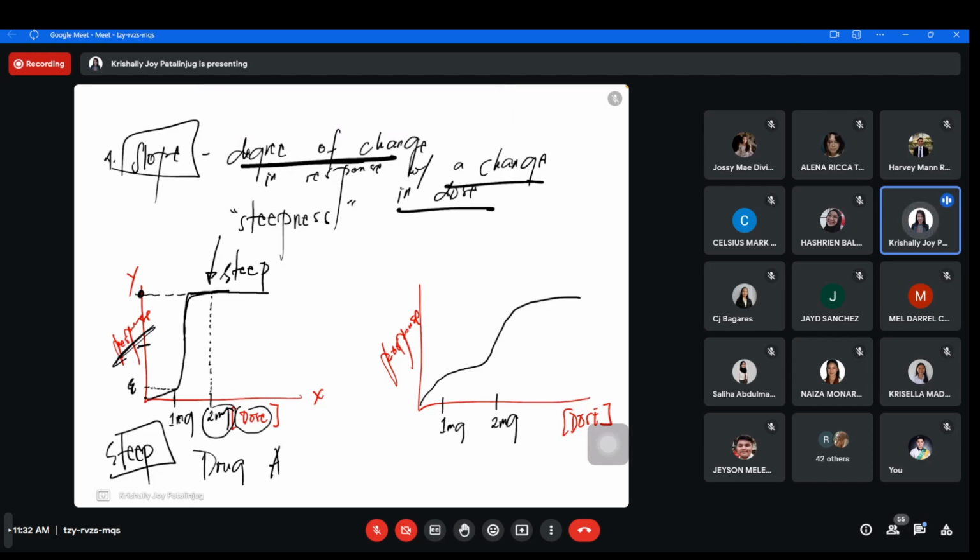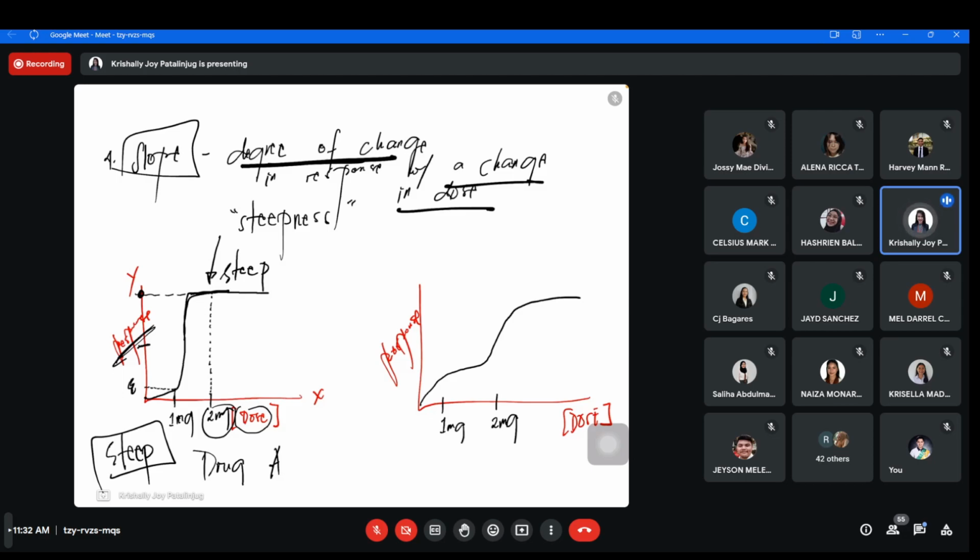When the slope being graphed or plotted is steep, with just a very small adjustment of the dose, from 1 you just add another 1 milligram, the change in response is very drastic.